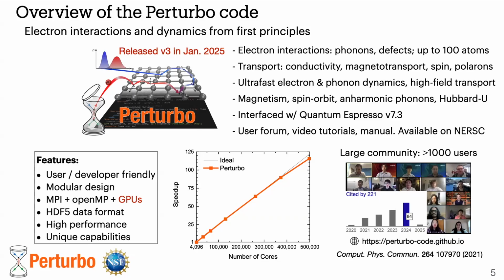So I think that one of the reasons why the code has been so successful is that it's very user-friendly, but it's also modular, so that, for example, it's easy for somebody to add a new piece of physics without knowing the entire code. And finally, the code is fast. It basically performs very efficiently because it's parallelized with both MPI and OpenMP.